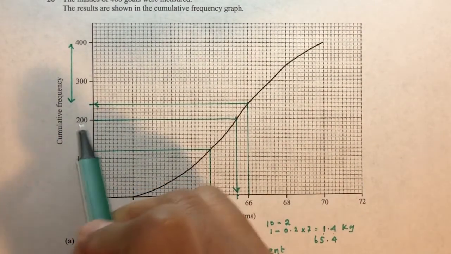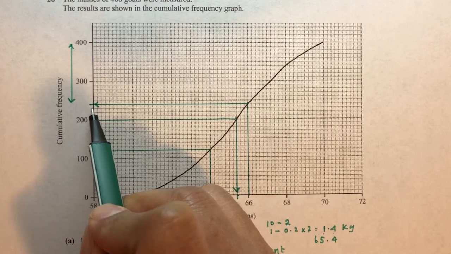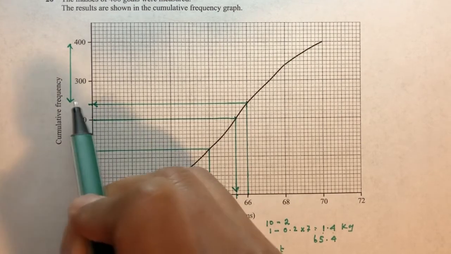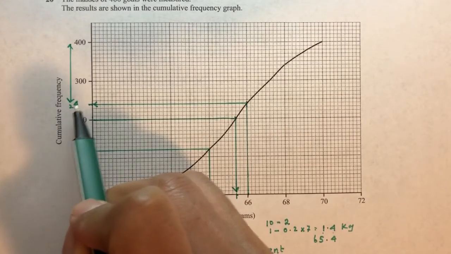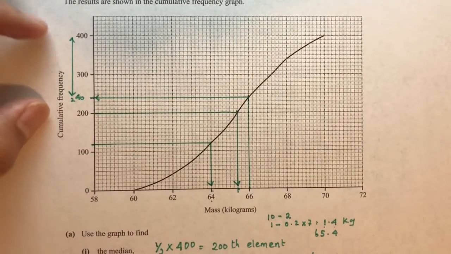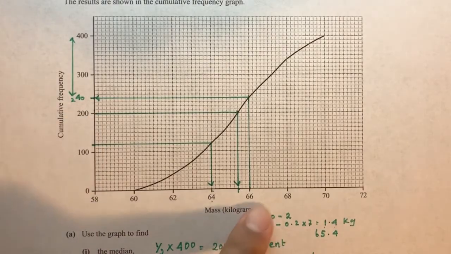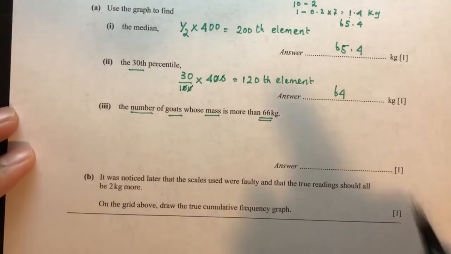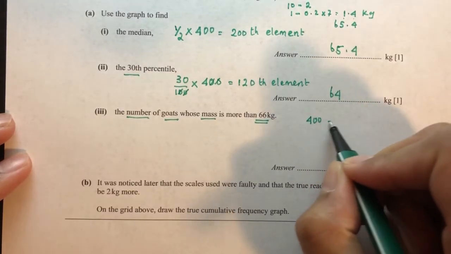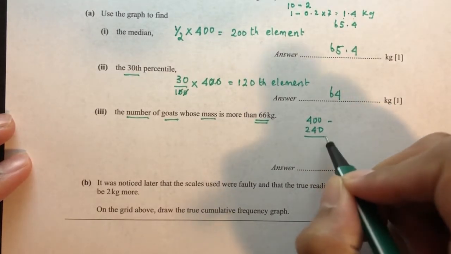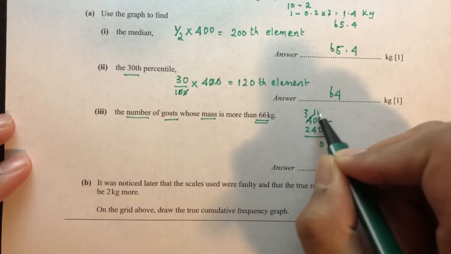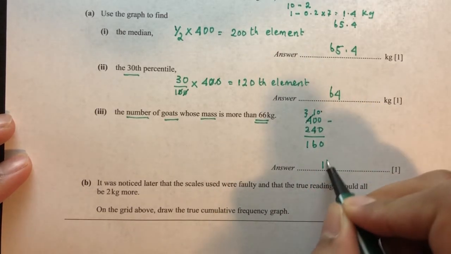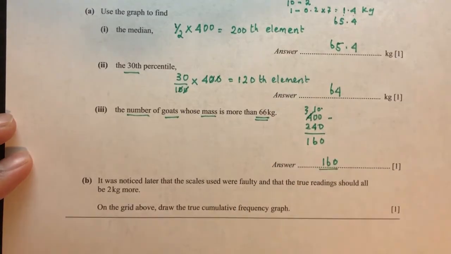So let's find this value first. So that will be 210, 220, 230, 240. So 240 will be 1, 2, 3, 4 squares. This will be 240. So the number of goats who have mass more than 66 will be 400 minus 240, that will be 160 goats.